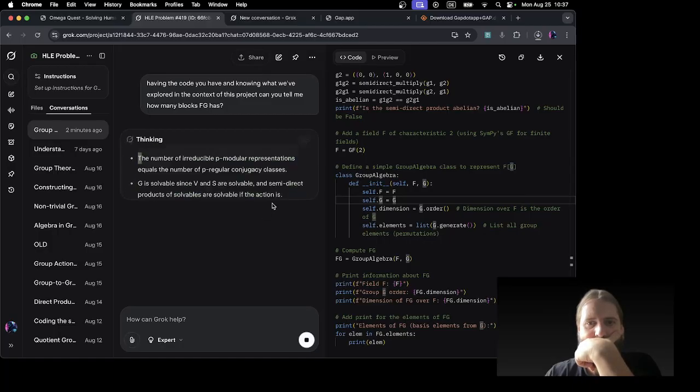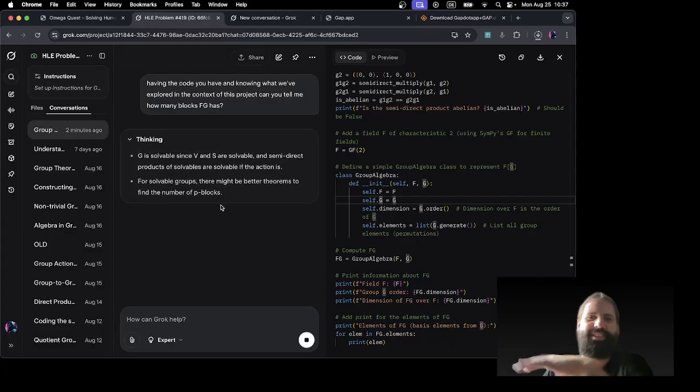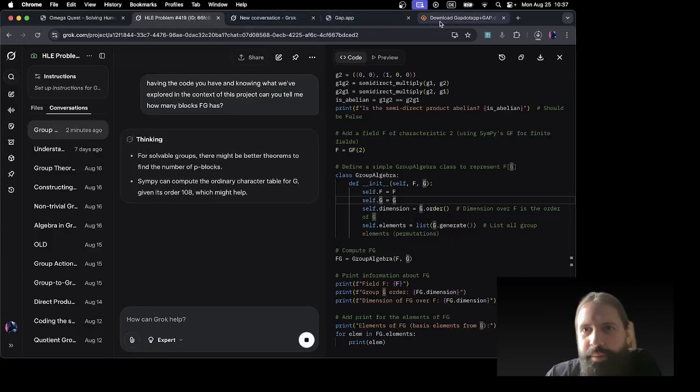I mean, this is what it's been saying. So let's see if it spits out 5, I'm gonna lose it. It definitely didn't get it right, so it didn't solve it the first time.